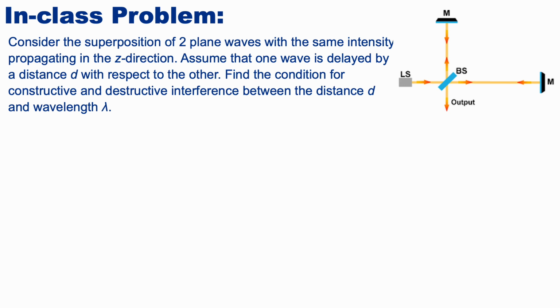So our total intensity changes with the delay between both interfering waves, and it's going to be the individual intensity times 2 plus 2 cosine. But instead of writing it with the wave number, allow me to write it in terms of the wavelength, so 2 pi over lambda, and then here we have our delay.